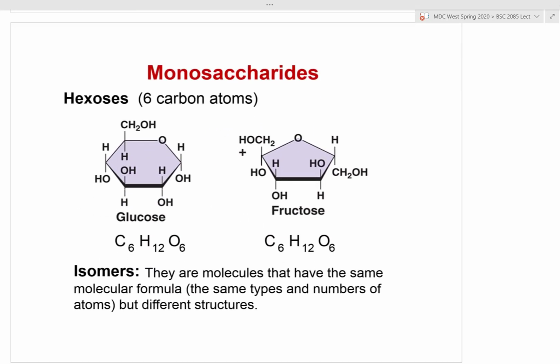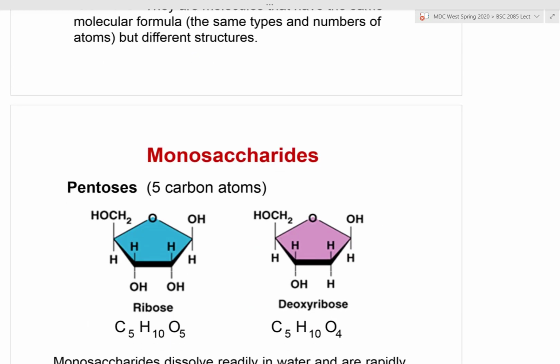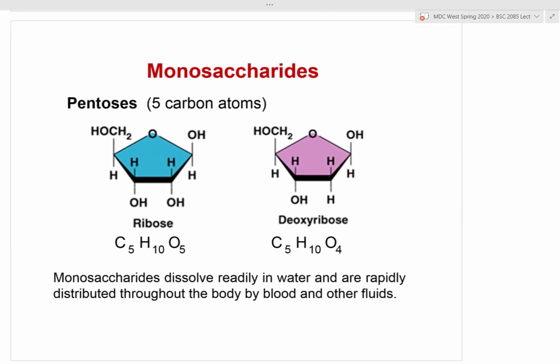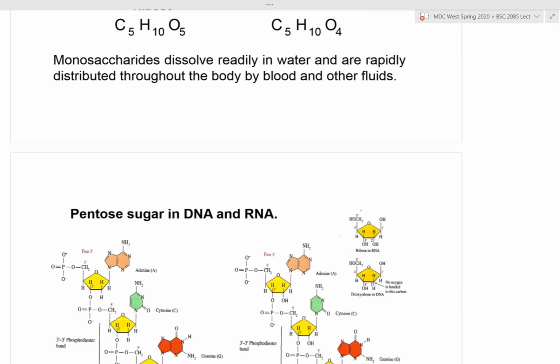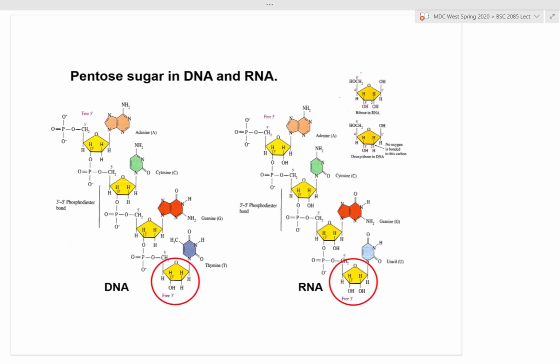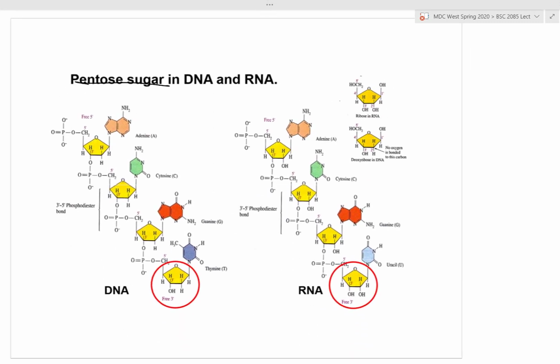So monosaccharides, right? Let's talk about monosaccharides. Monosaccharides are made out of a pentose, which is a 5-carbon sugar, or a 6-carbon sugar, a hexose. The pentose sugar in this case is the sugar portion of your DNA. Oh yeah, your DNA also has sugars in there. What, sugar in DNA?